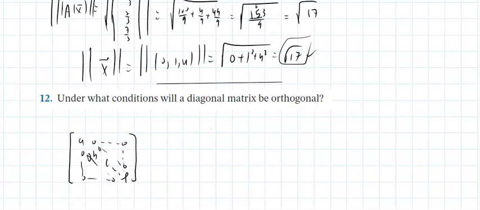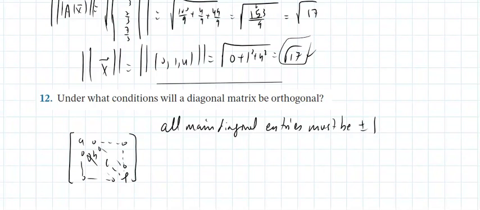So how do you say that? You'll say all main diagonal entries must be plus or minus 1, right? And the reason for that, you want them to all have a magnitude of 1.